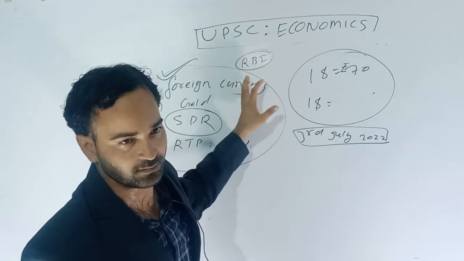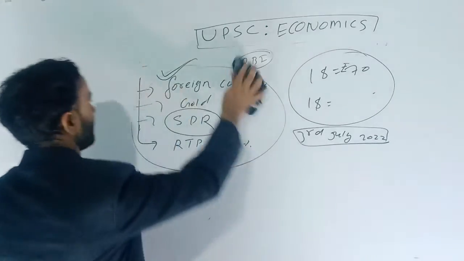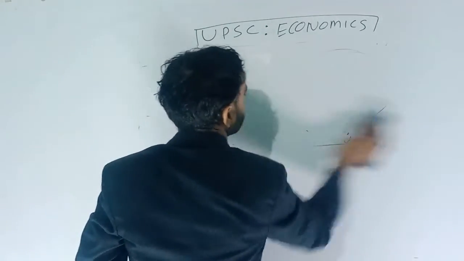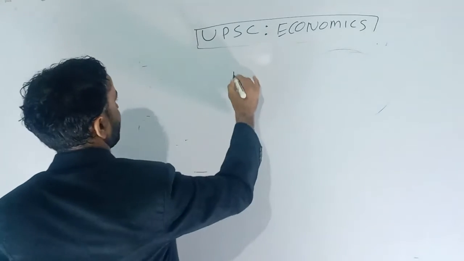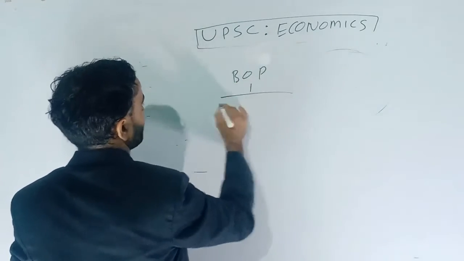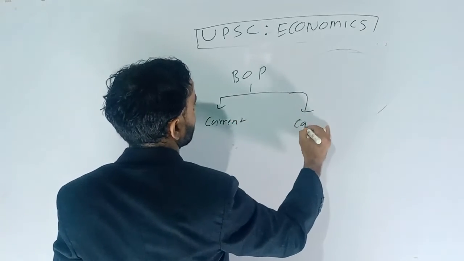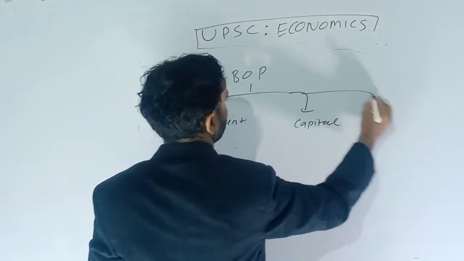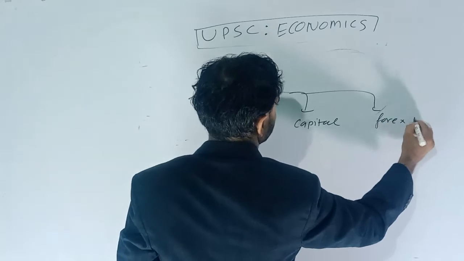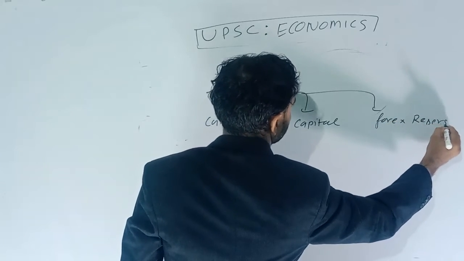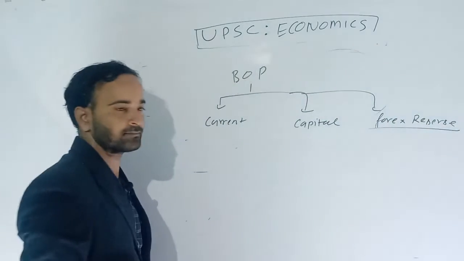This can be a very important topic for the examination. Now I am repeating one thing again. Under the balance of payment, what comes under it? Current account, capital account, and third one, forex reserve. Got my point?